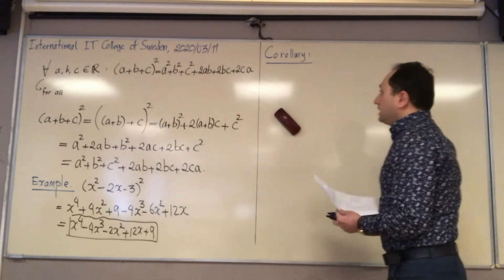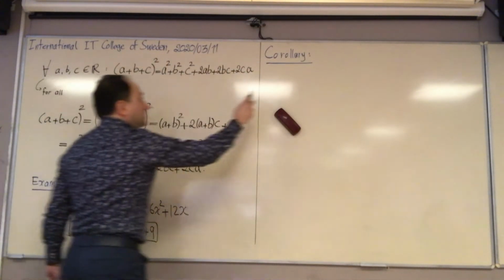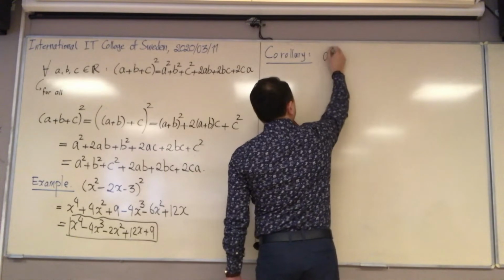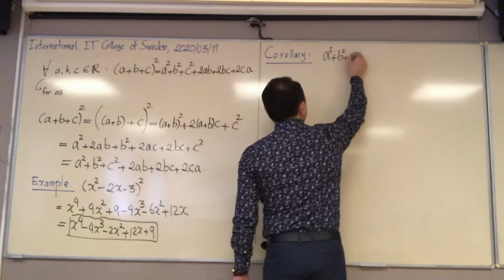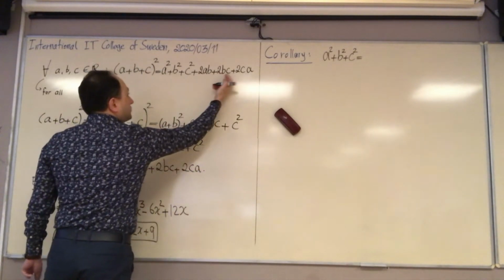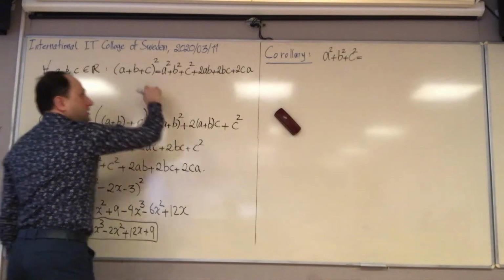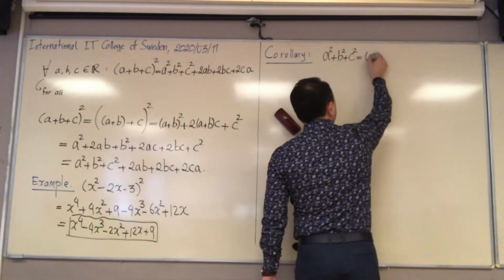So the corollary is that if you see here a squared plus b squared plus c squared is equal to, I want to move these 3 terms to the left hand side, okay? So this is already there, so it is a plus b plus c to the 2.